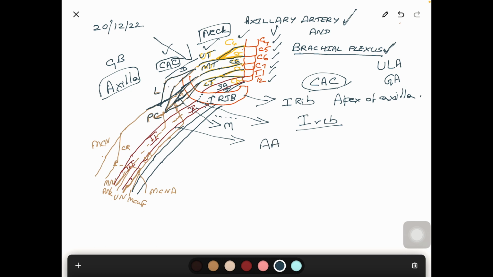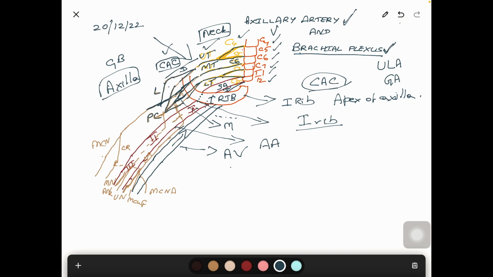The subclavian vein continues as the axillary vein from the outer border of the first rib. That's how we have to tell. The vein runs in the direction towards the heart, so the axillary vein continues as the subclavian vein from the outer border of the first rib.